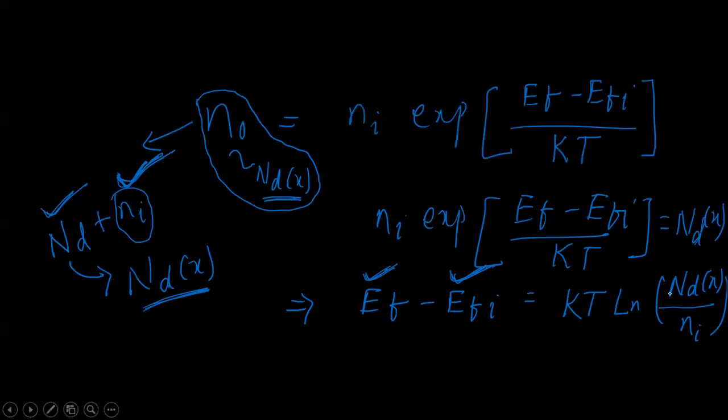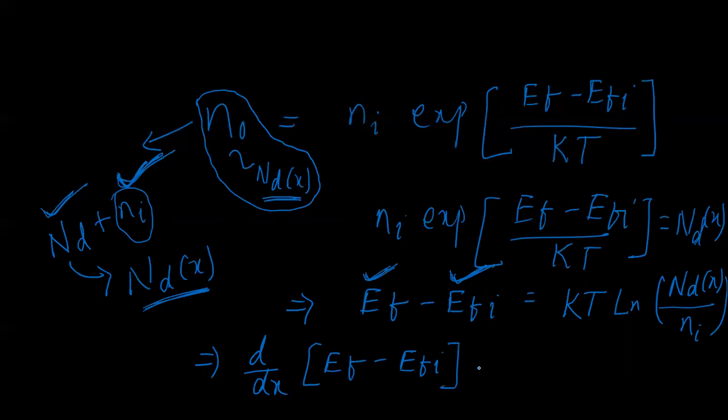If I take the derivative with respect to x on both sides, EF minus EFi can now be written as kT times the derivative of the logarithm of this term, which is kT by Nd(x) times dNd(x) by dx.